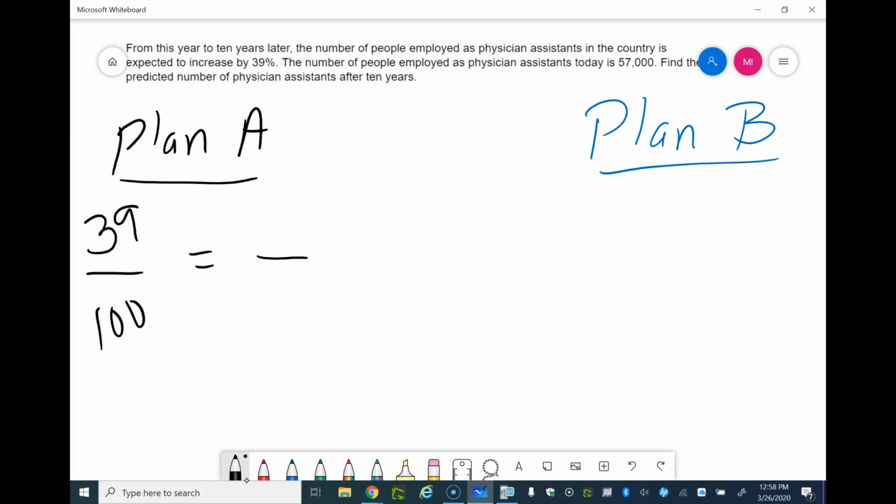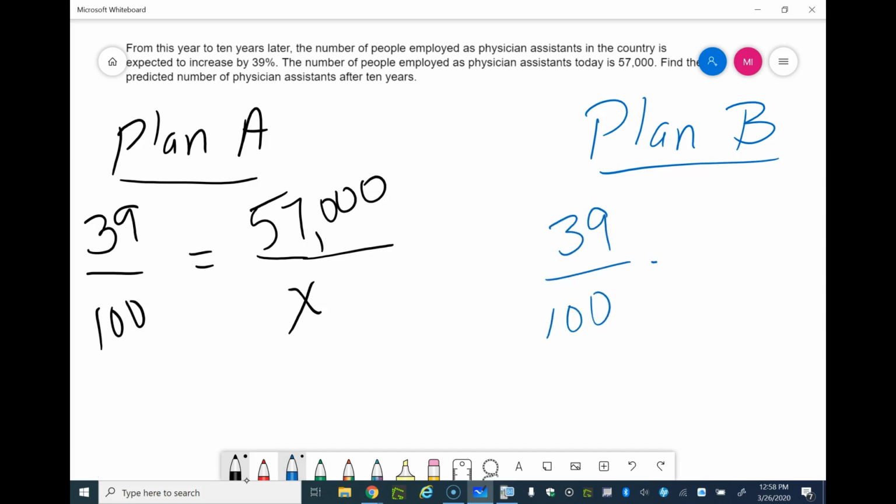So we're going to go ahead and try to put it on top first, with our x on the bottom. And we're going to come back and do the whole thing again. This time, we're going to put it on the bottom and see what actually makes sense.